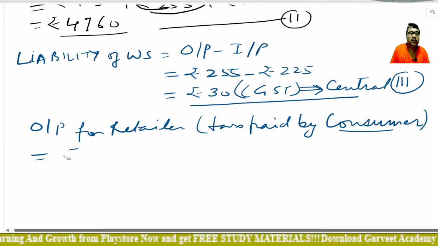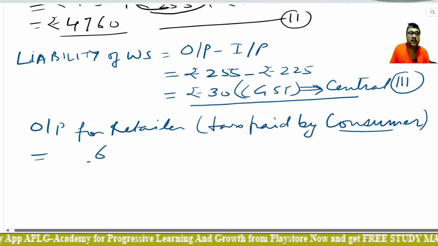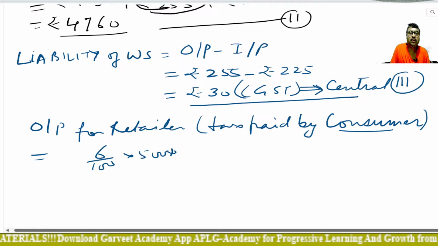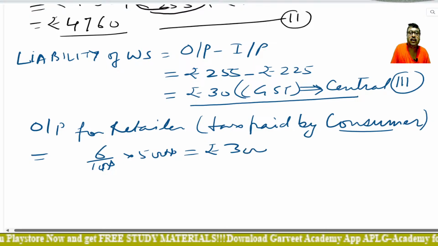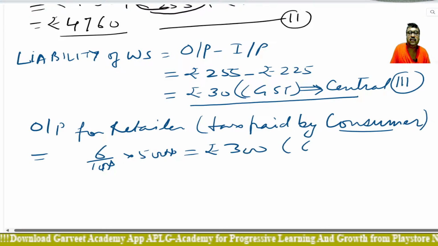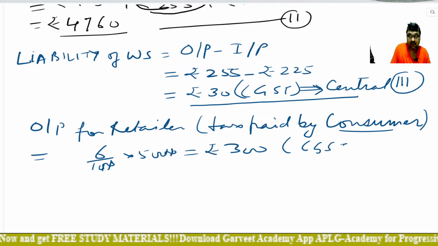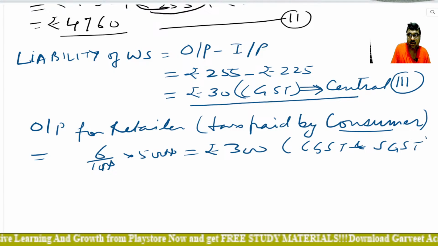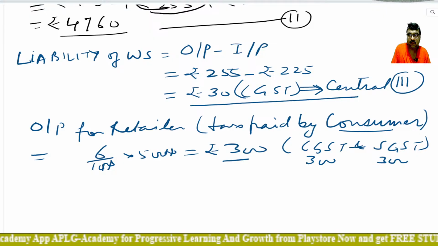Let's calculate how much is the tax. 6% of 5,000 will be 300. So CGST 300 as well as SGST 300 separately.